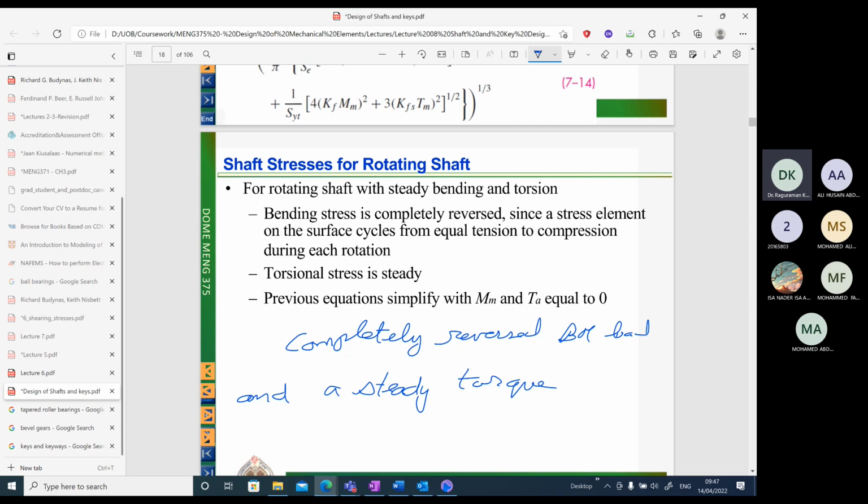In general, this is the case. So what does this mean? If I apply a steady torque, that means my Ta is equal to 0. If I apply a completely reversed bending moment load, that means my mean value of bending moment is always 0. So Mm is 0, Ta is 0.